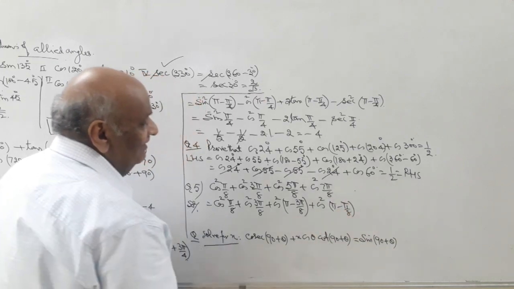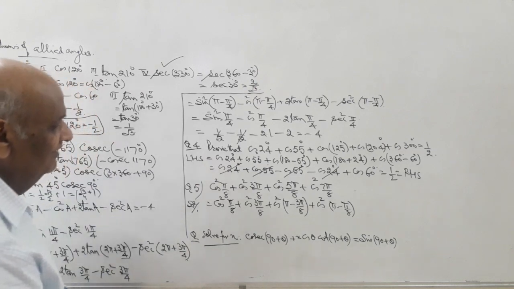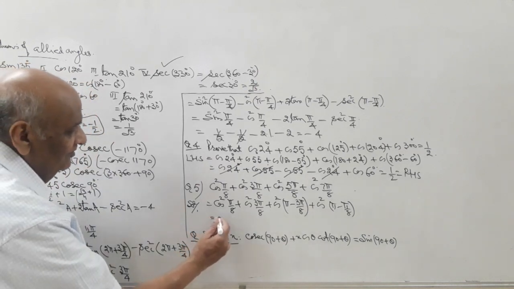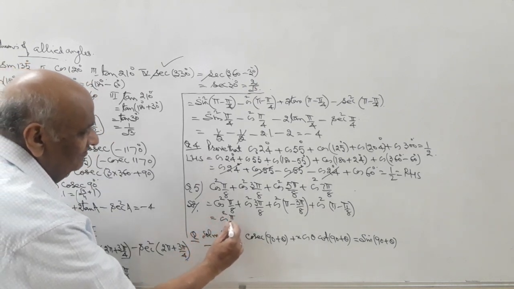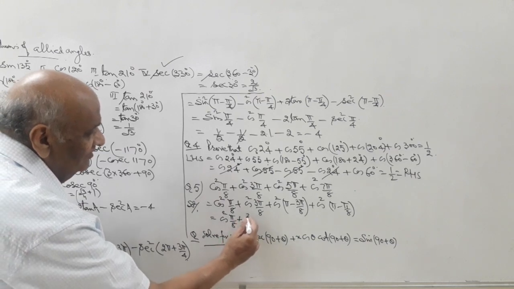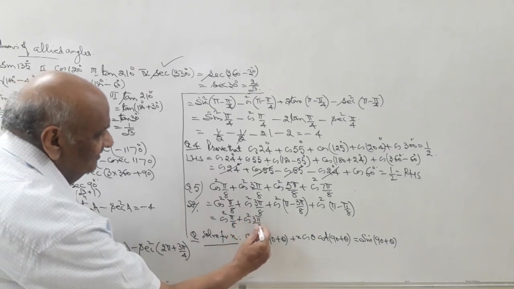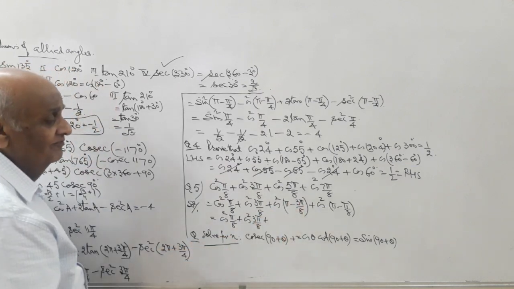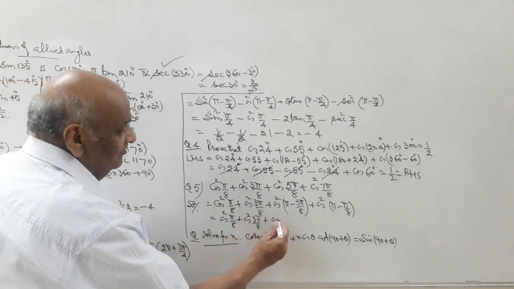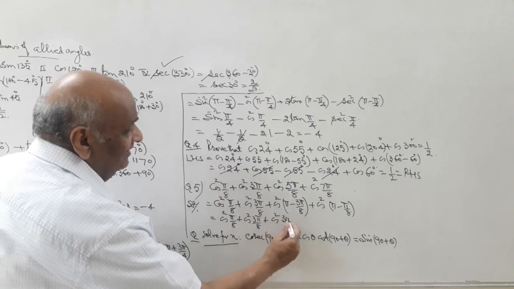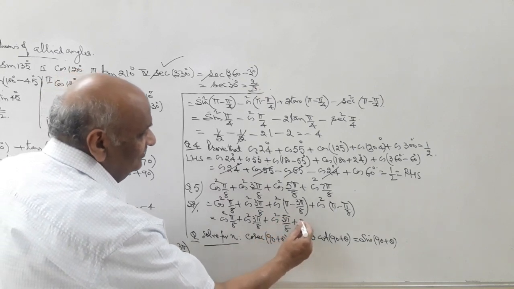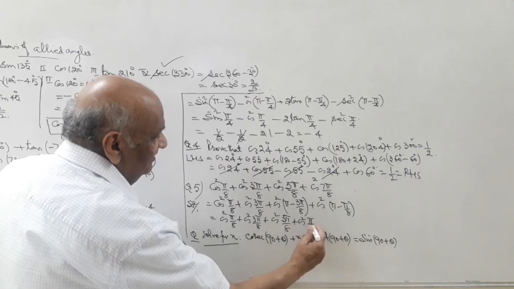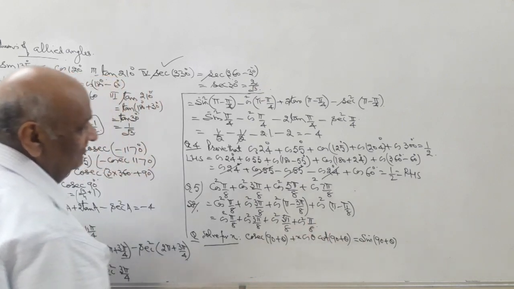Verify this, 7 pi by 8. So it will be equal to cos square pi by 8 plus cos square 3 pi by 8 plus, because cos 180 minus is minus, as it is square, it is cos square 3 pi by 8 plus cos square pi by 8. See if this is clear.